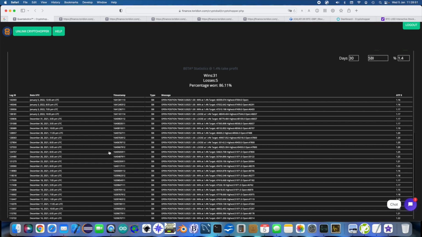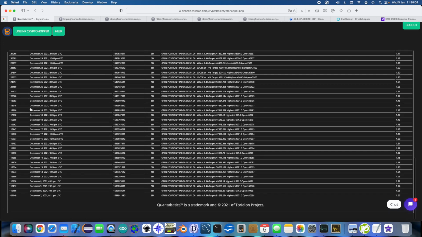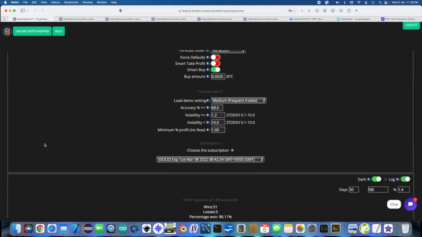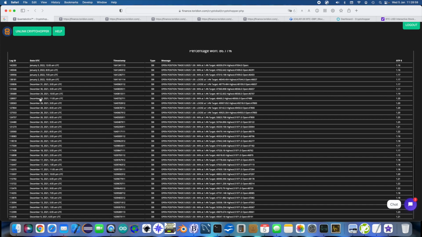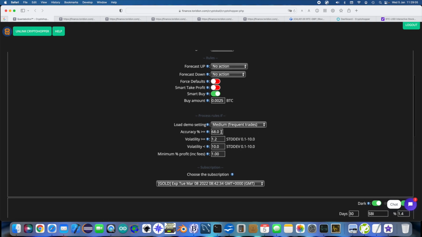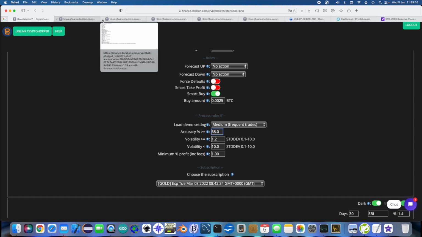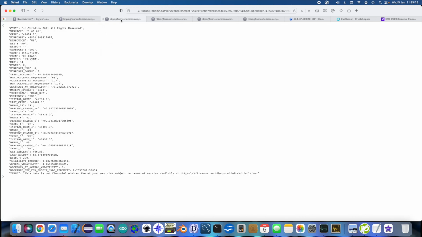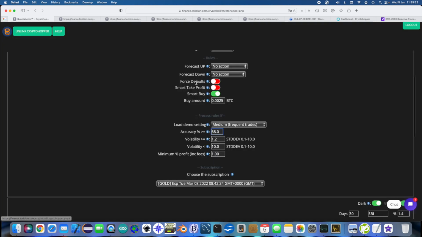the type column in the center here is the SBI triggers. These are all the dates on the date column, the time column, date UTC. It shows all the triggers that were issued with my current settings, which were medium frequent trades, accuracy above 68%, which refers to the volatility API side of it, and with the volatility above 1.2 and less than 10%, and I was opening positions at 1% take profit.